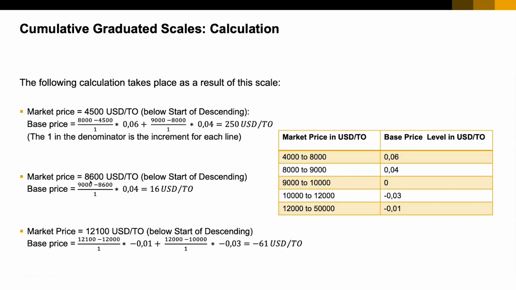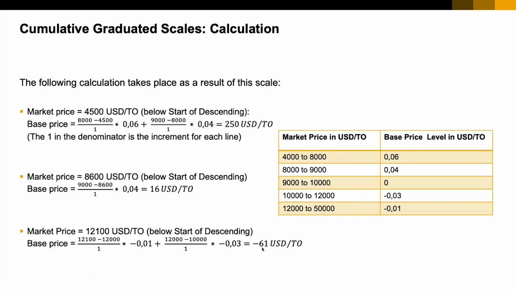And similarly, 8,600 is calculated, since 8,600 is between this, and there is no more layer in between the zero where the scale becomes zero. That's why you see just one portion, or just one-time calculation here, and that's why the value is $16. And similarly, if the value is 12,100, like in this case here, and there is one more layer in between, you would calculate in this fashion.